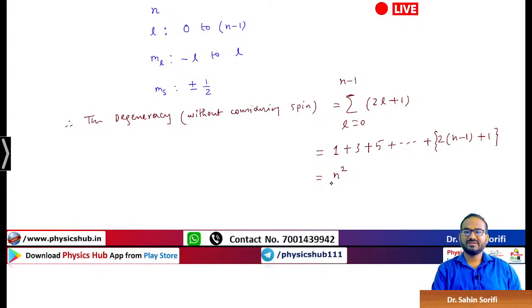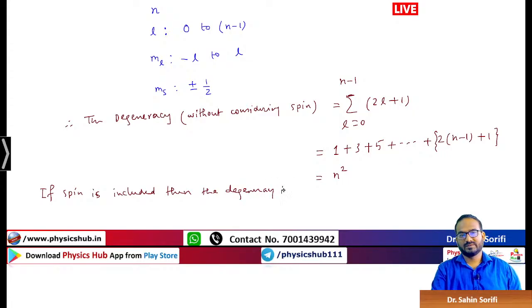Now, for spin value, you see, two values are there. So, if spin is included, then the degeneracy of the atom is 2 times the sum over l equals 0 to n minus 1 of (2l plus 1), which is 2n square.